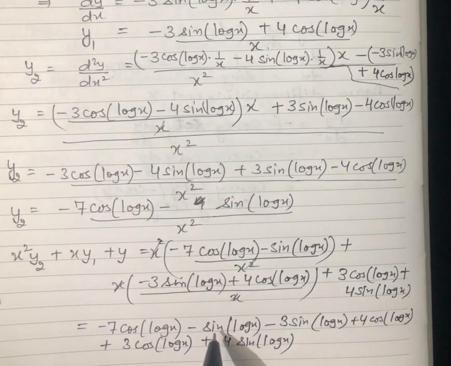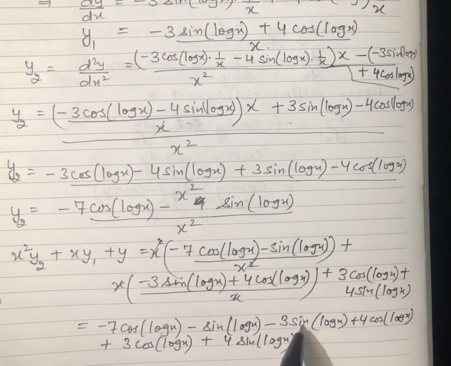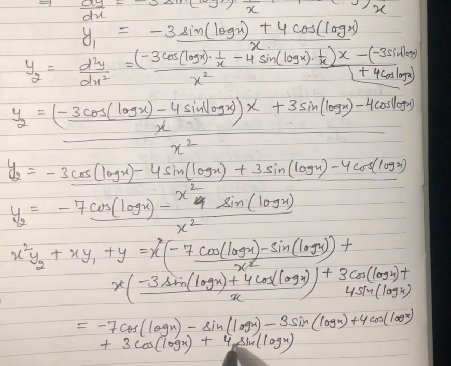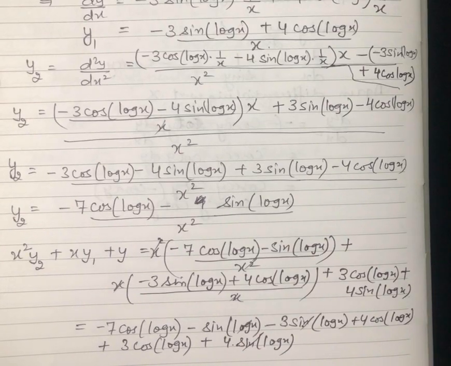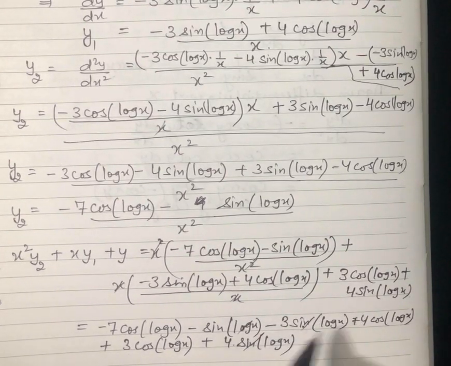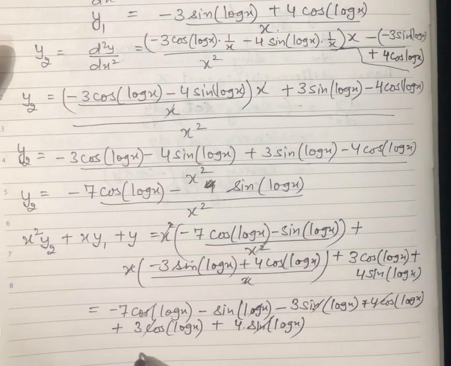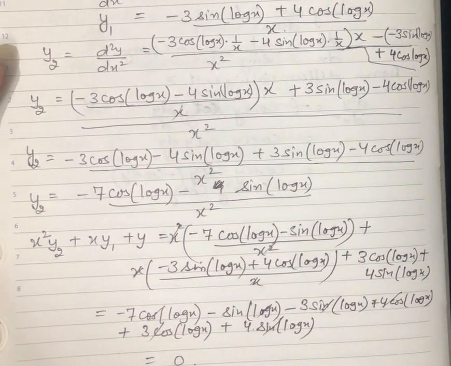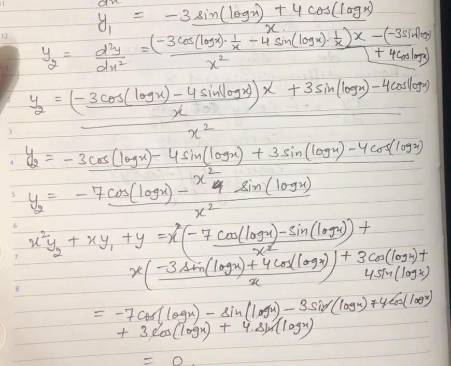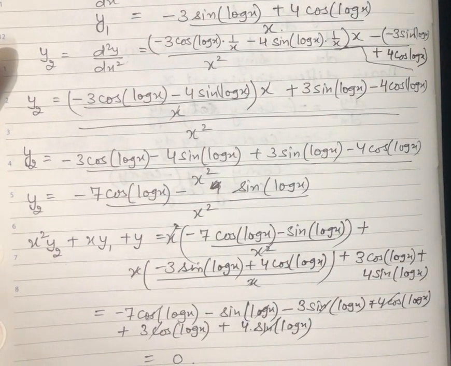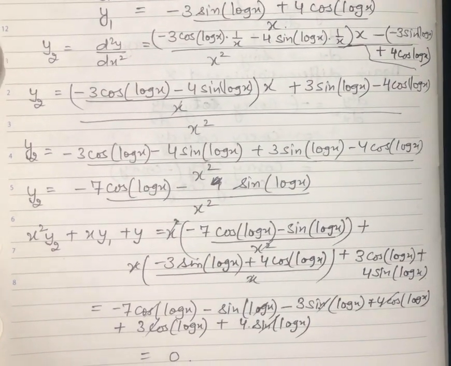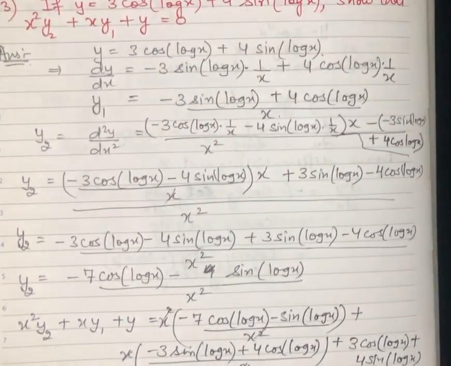Now minus sine and minus 3 sine will be minus 4 sine and plus 4 sine, this all cancels out. And similarly 4 plus 3 is 7 and minus 7 also cancels out. So we are left with 0. So x square y2 plus x y1 plus y is equal to 0. So this completes the 13th question.